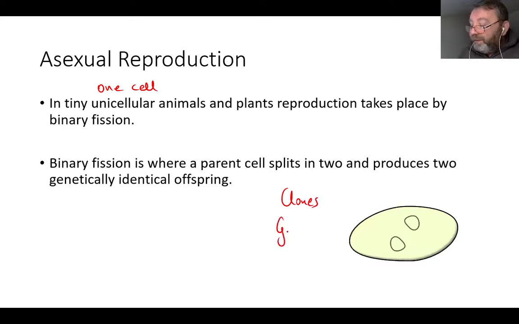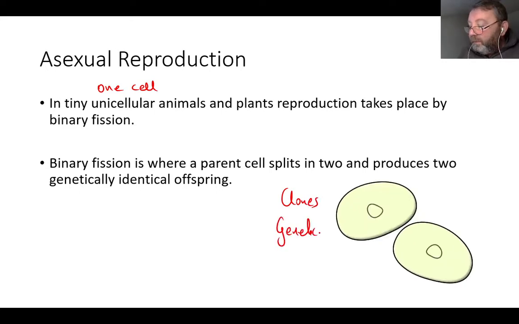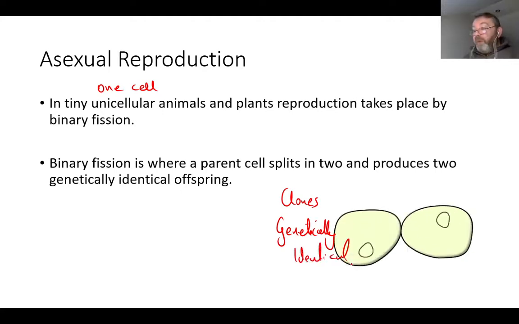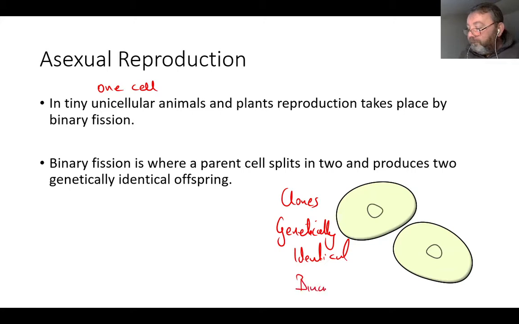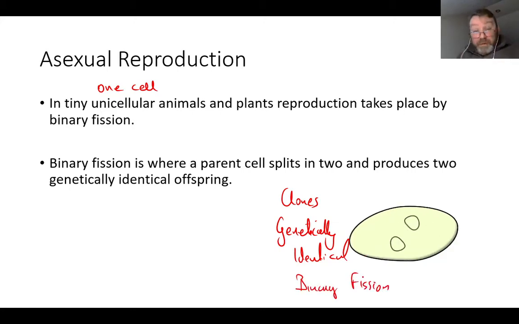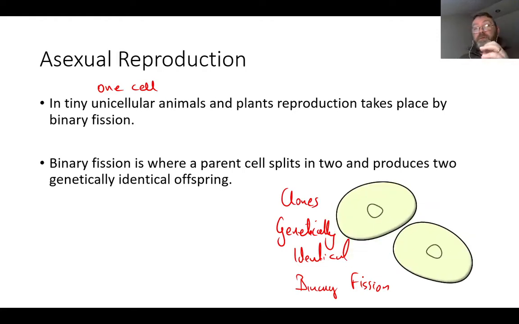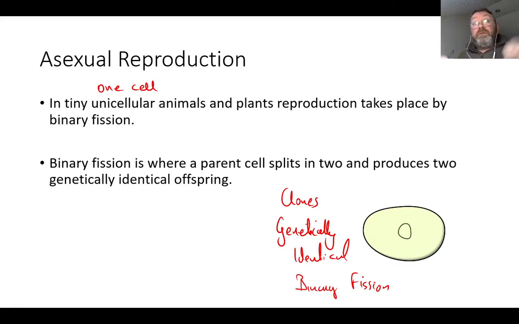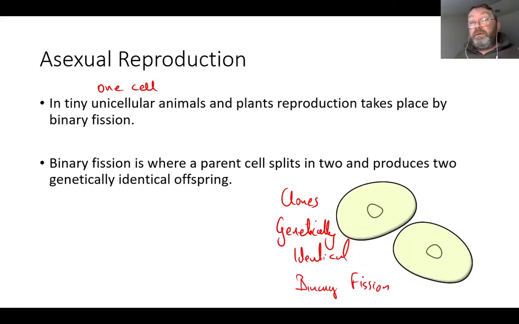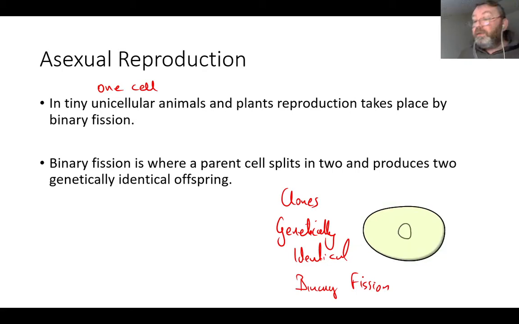They're genetically identical. So that's binary fission, spelled F-I-S-S-I-O-N. Bacteria do binary fission. One bacterium becomes two, two become four, four become 8, 16, 32, 64, 128, and so on. They multiply quite rapidly, and you can get large numbers of bacteria through binary fission quite quickly.